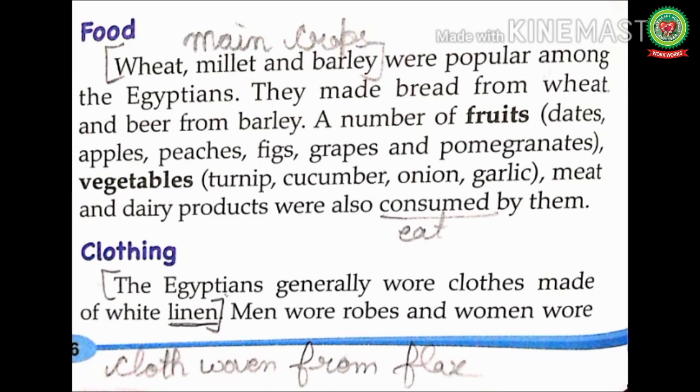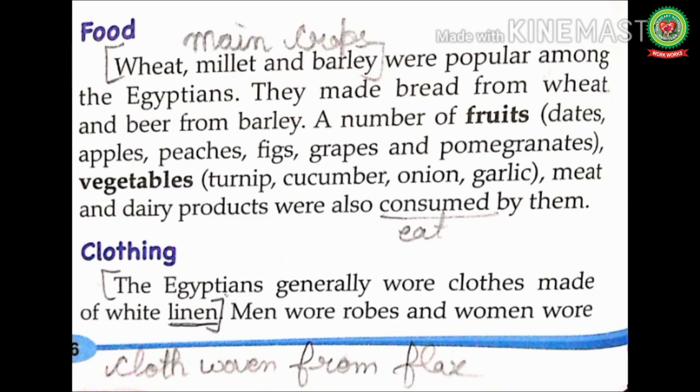They made bread from wheat and beer from barley. Students, here beer is an alcoholic drink made from barley. Here barley means jau. Next, a number of fruits like dates, apples, peaches, figs, grapes and pomegranates, which means anar.